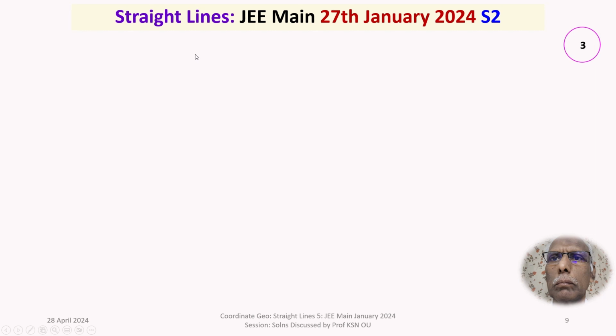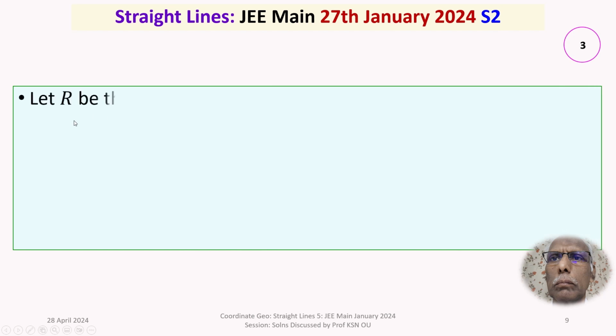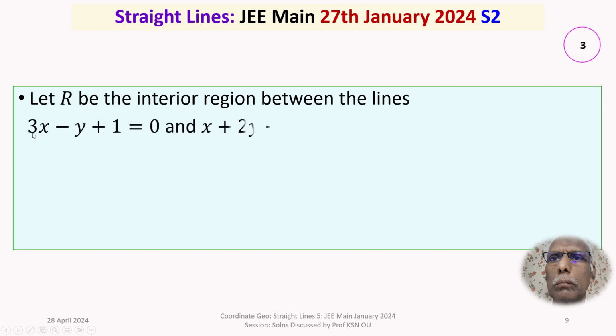This question has appeared in JEE Main held on 27 January 2024 in the second shift. The given question is, let capital R be the interior region between the lines 3x minus y plus 1 is equal to 0 and the other line x plus 2y minus 5 is equal to 0 containing the origin.